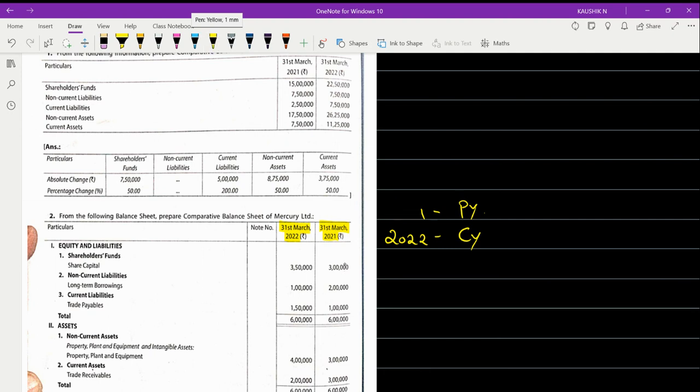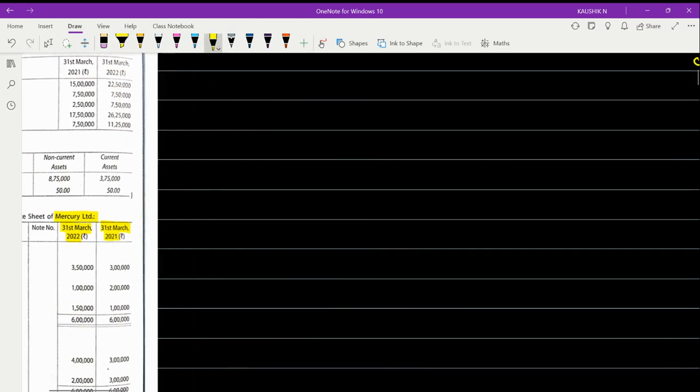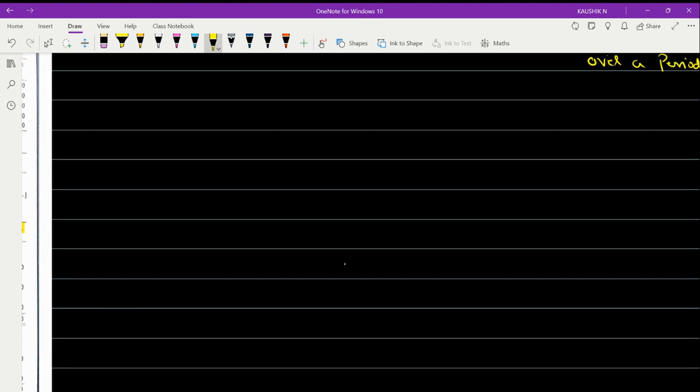Good. So now I'm going to prepare the format for this comparative statement. What is the name of the company they have said? The name of the company is Mercury Limited. So what you should do is write it in the center: Mercury Limited.